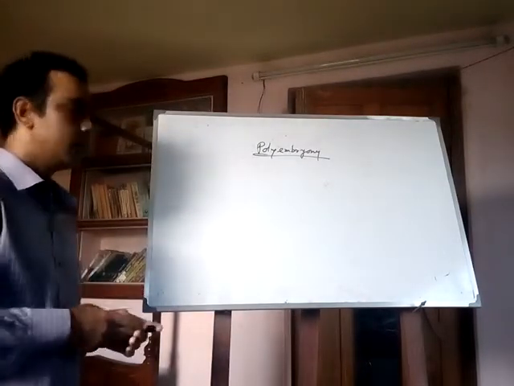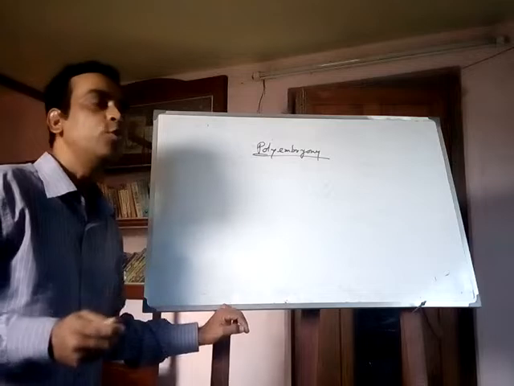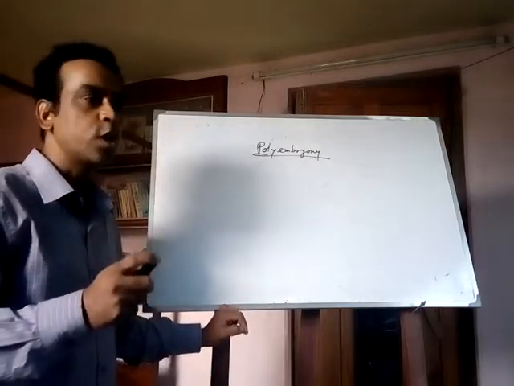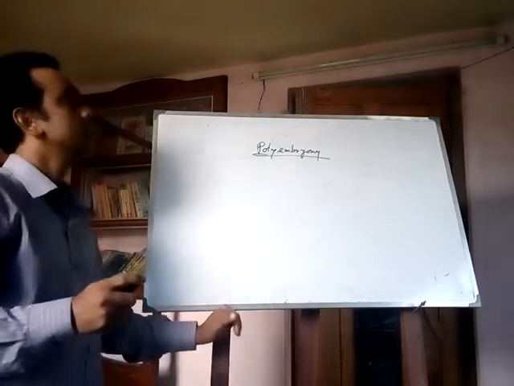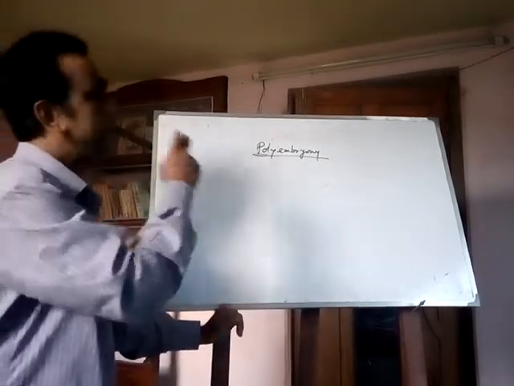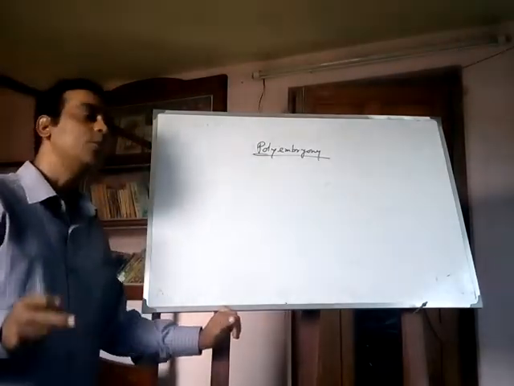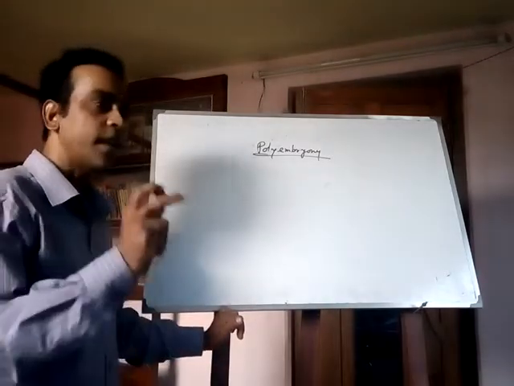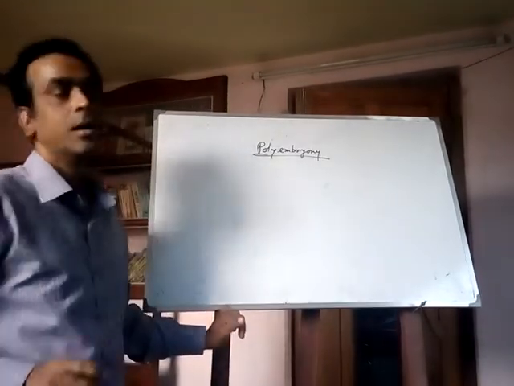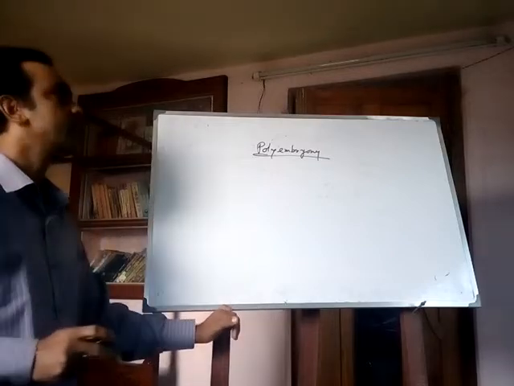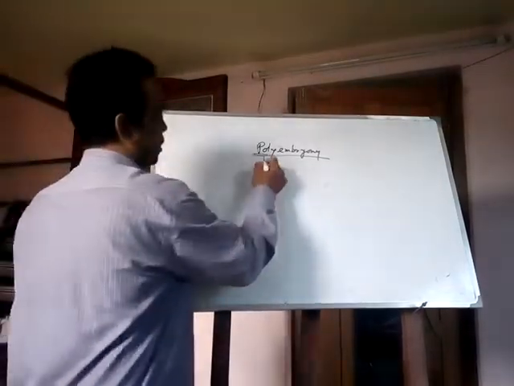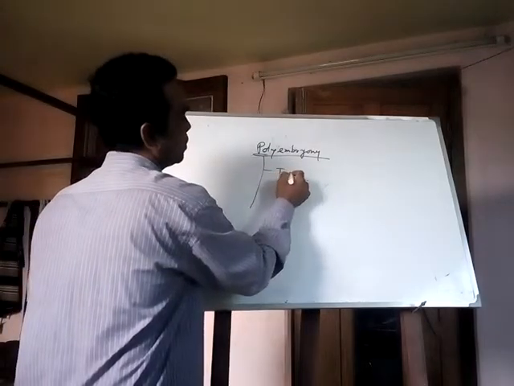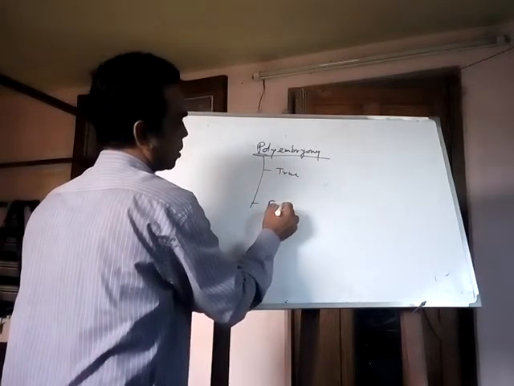When a single ovule can produce many embryos, this type of embryony is called polyembryony. Polyembryony is of two types, true and false.